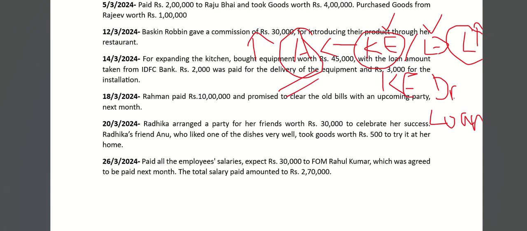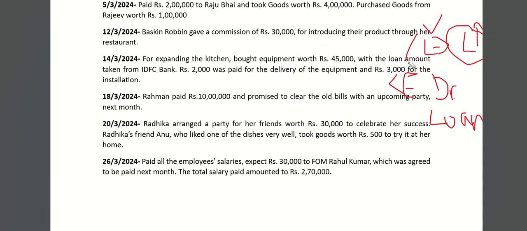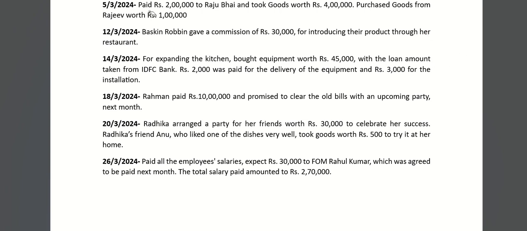But we should also understand that some more data is given here, which needs some attention. If you have seen the previous video, we have talked about the principles of accounting. Among them, one of the most important principles was the principle of historical cost.